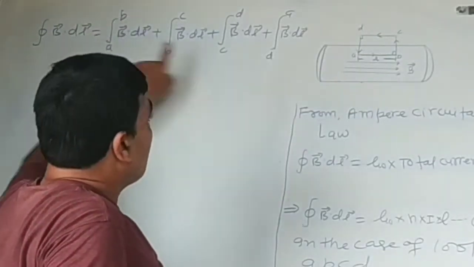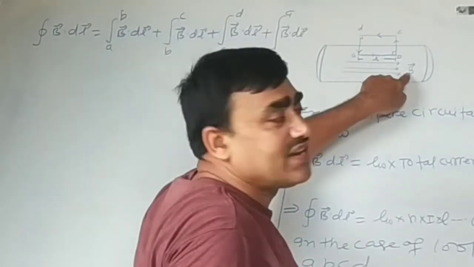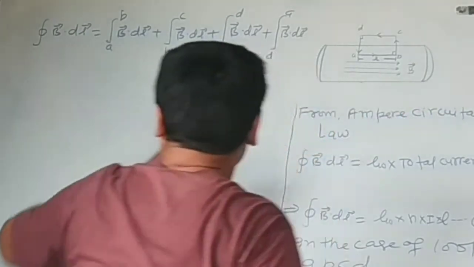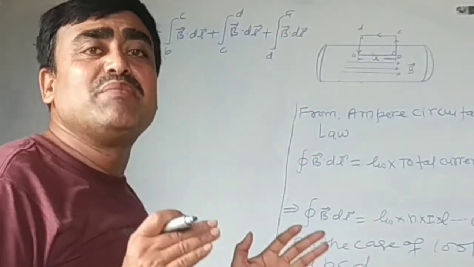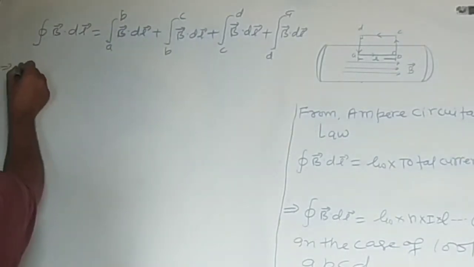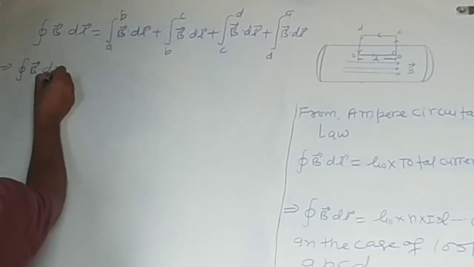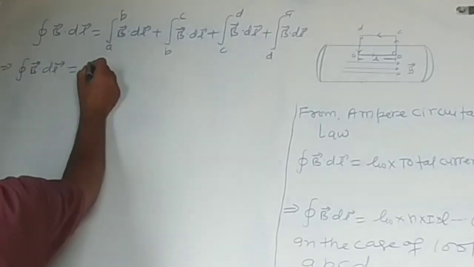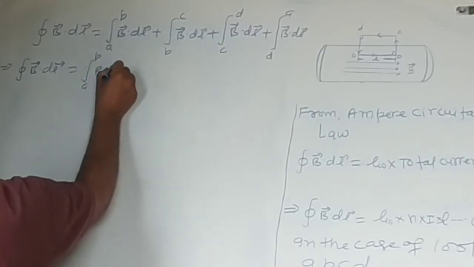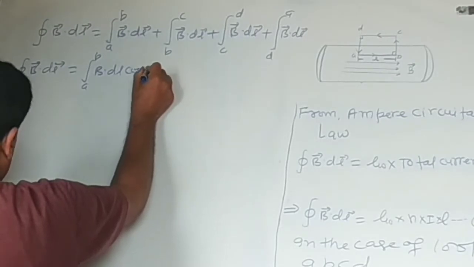In the case of A to B, the direction of current and direction of magnetic field is the same. That means the angle between them is 0 degrees. That implies the integral of B dot dl is equal to the integral from A to B of B dl cos 0 degrees.